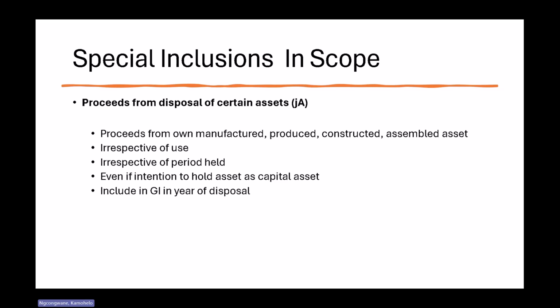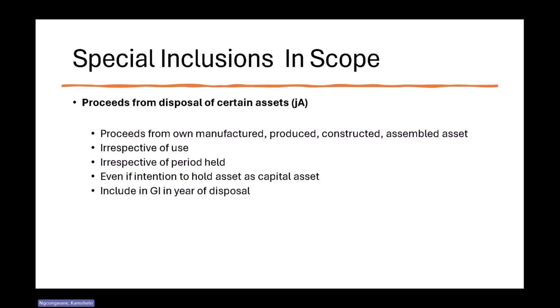If I build these generators from scratch myself and I rent them out, if I run an engineering company and our business is building and renting out generators, those generators, as much as I am not using them as trading stock, I'm not selling them, I am renting them out, and they would be a capital asset under normal circumstances. The fact that I'm producing them myself turns the proceeds from selling those into gross income.